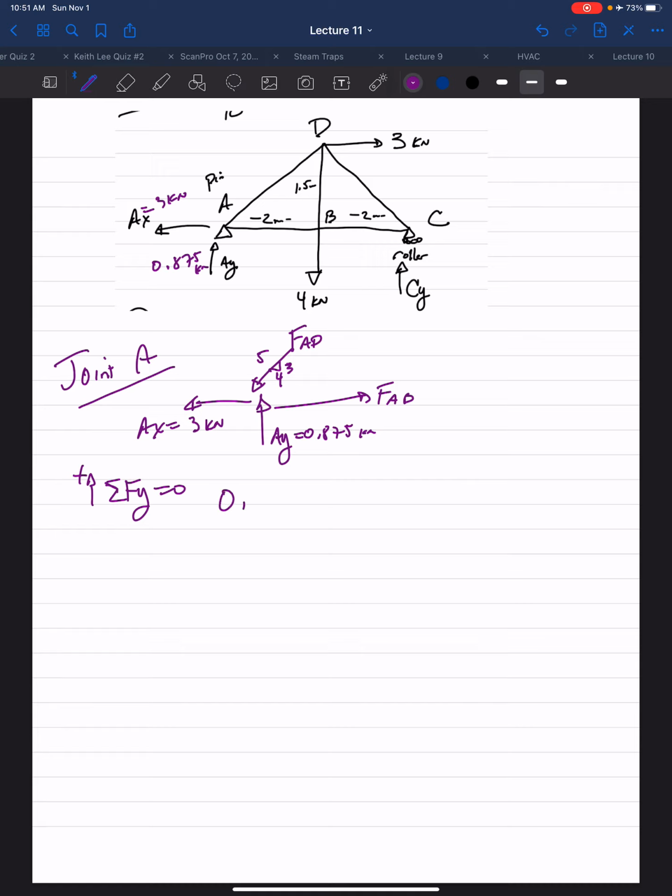We have 0.875 kilonewtons, which is my AY, minus FAD times 3/5. FAD is 1.46 kilonewtons, and is in compression.